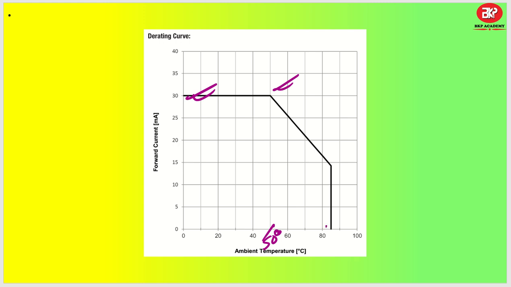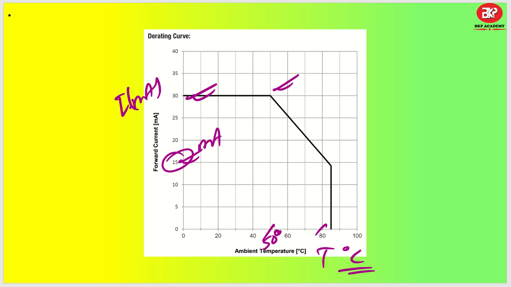If you increase the temperature of your PCB up to 80 degrees centigrade, then you cannot work at more than 15 milliamperes. This is the I in milliamperes and this is the temperature in degrees centigrade. So in this derating curve, you have to make sure the current across the diode must not increase beyond this particular region, otherwise your LED will fail.